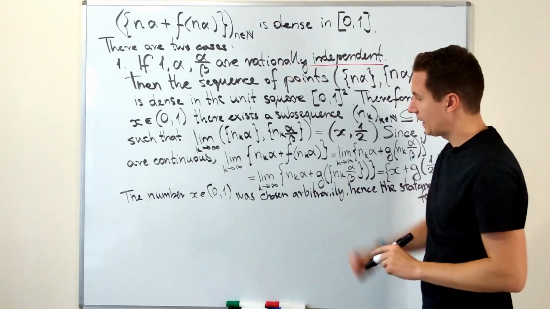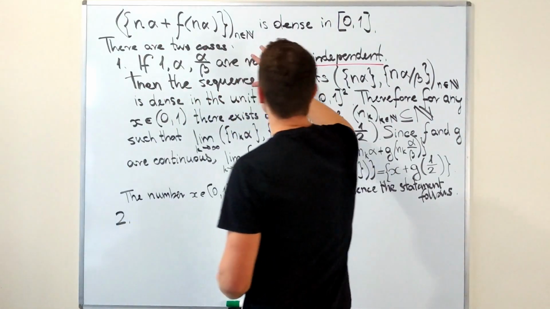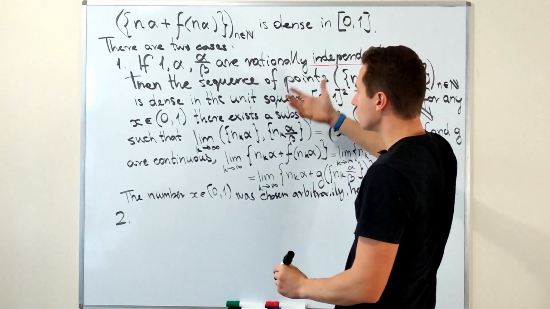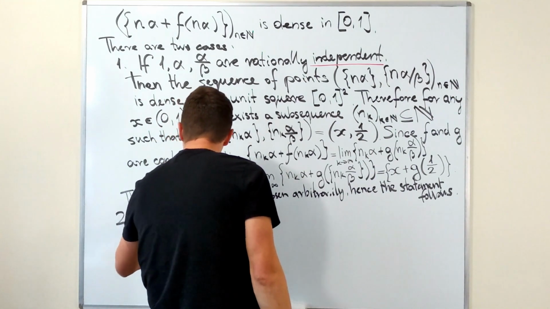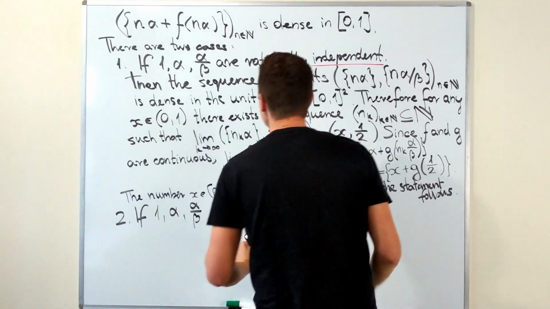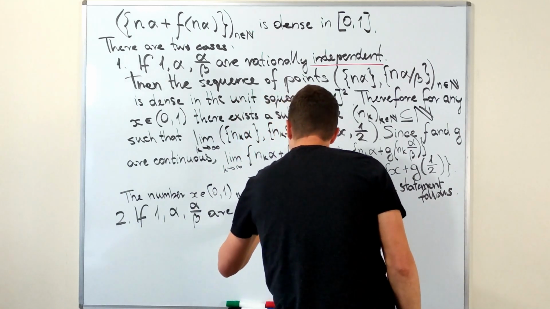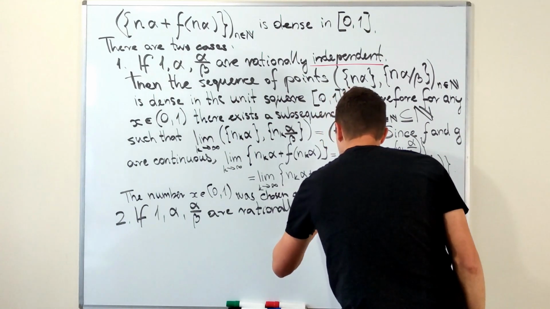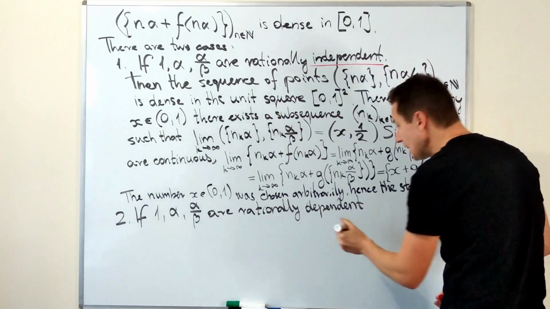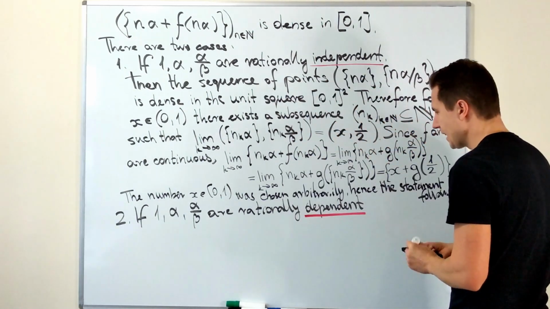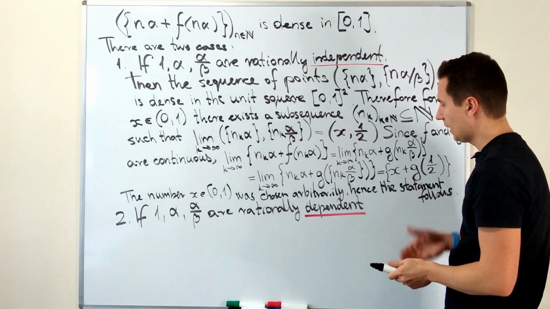Well, that was the first case, so what about the second case? What about the case when these numbers are not rationally independent, but rationally dependent? So if 1, alpha and alpha over beta are rationally dependent, remember, that means that there is a non-trivial linear combination of these three numbers with integer coefficients such that we get 0.